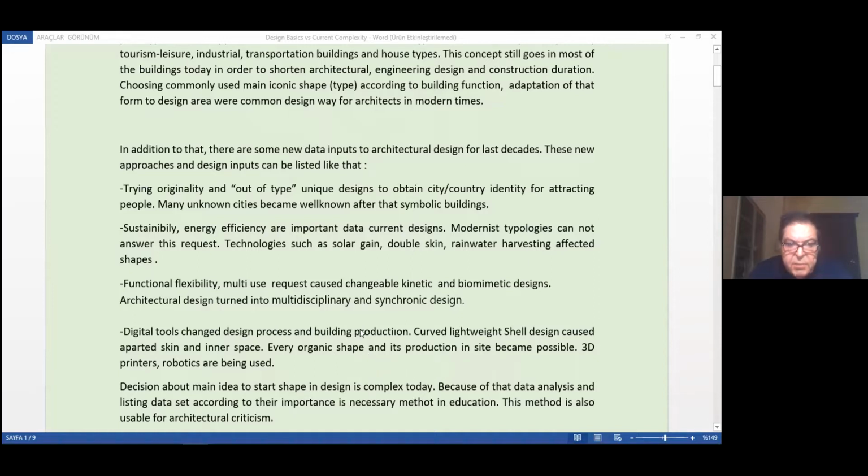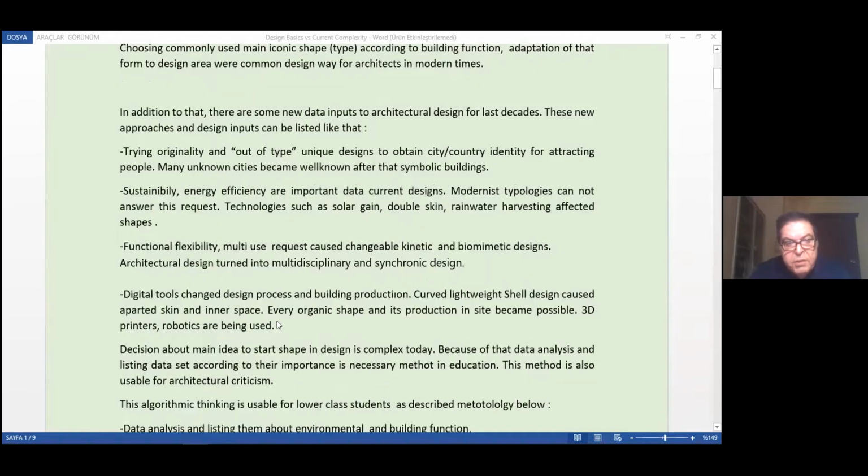Functional flexibility is another current approach in architecture. Functional flexibility, multi-use request, cost, changeable, kinetic, and biomimetic designs.